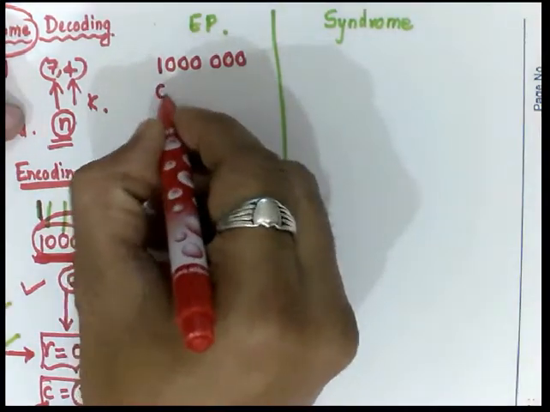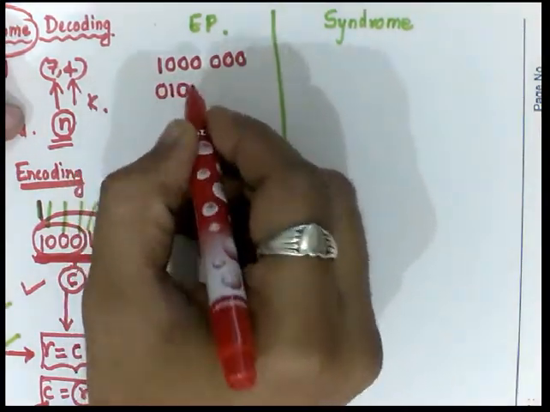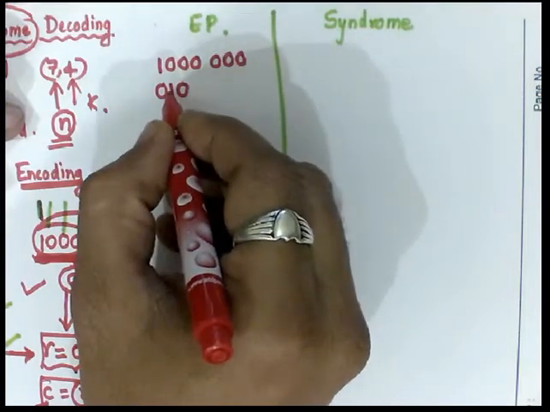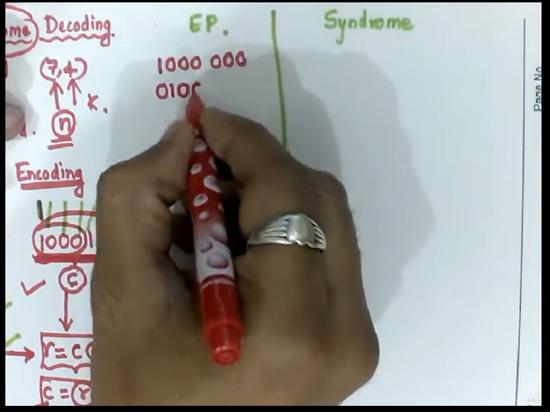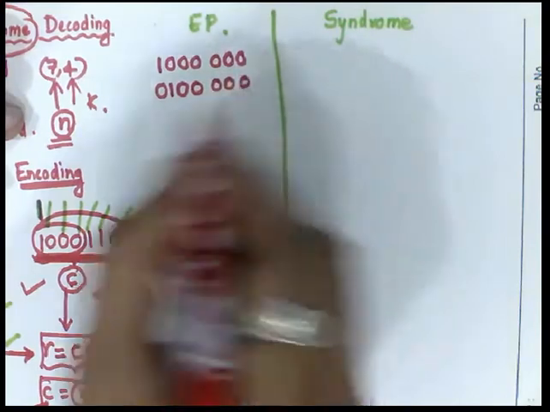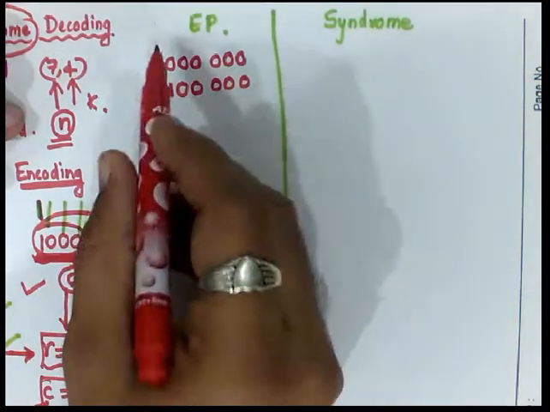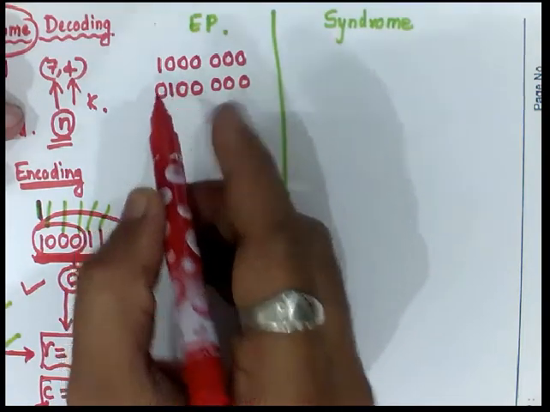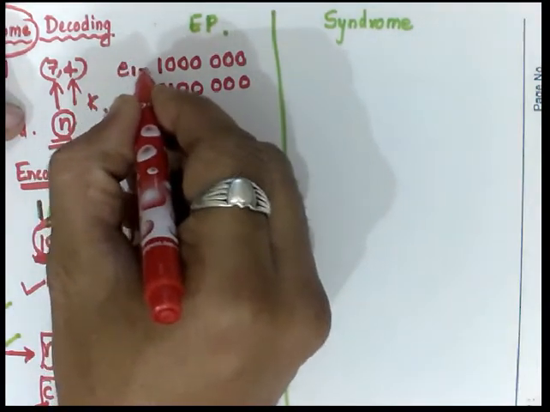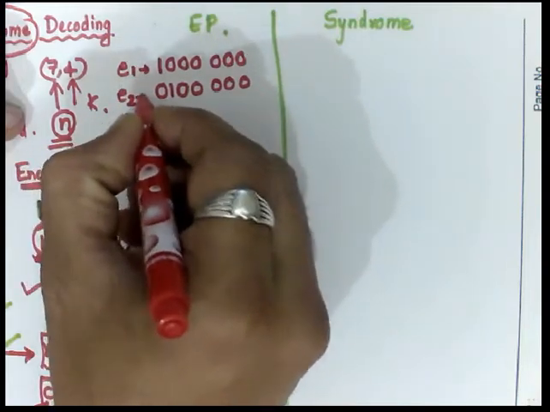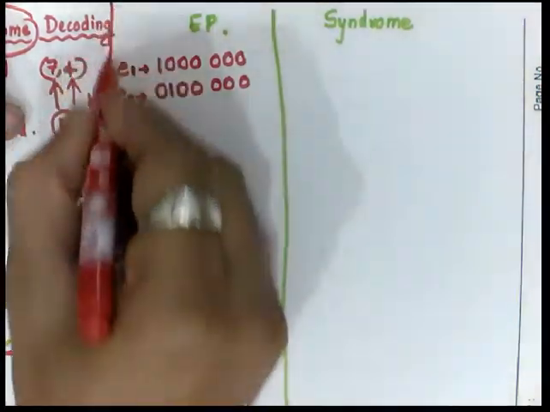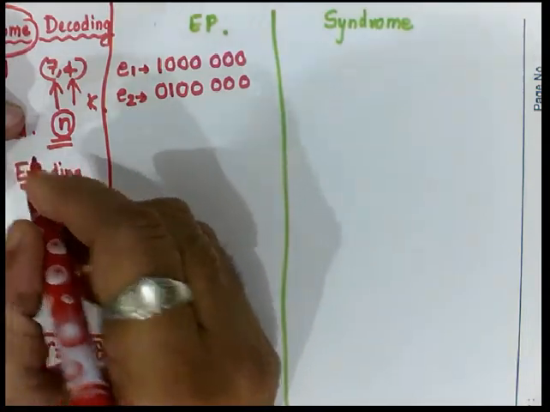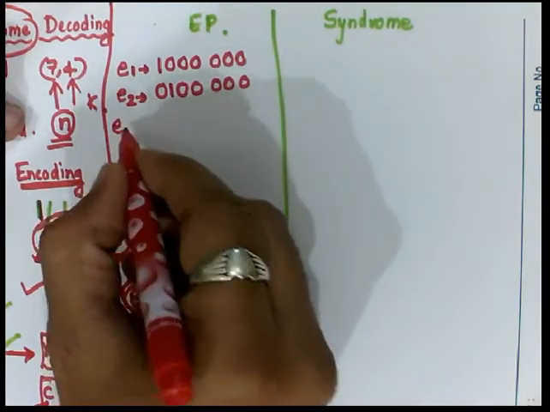Similarly, if the error occurs at the second location, the error pattern will be like this. So this one indicates the error pattern related to the second bit. If we further write it like this, E1, E2: E1 indicates error at the first location, E2 indicates error at the second location.